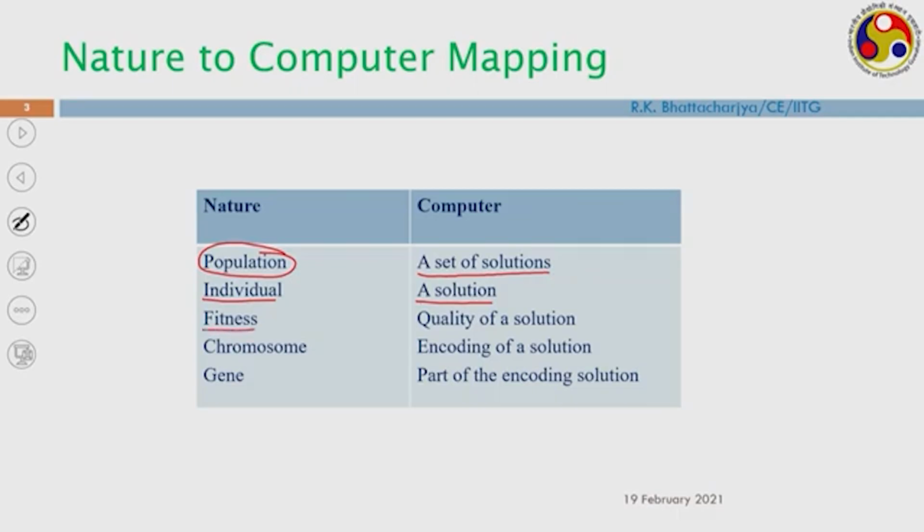Then fitness, it is nothing but the quality of a solution, that is your fitness, and we call here chromosome, and here this is the encoding of a solution. So, in case of binary coded GA, you are converting it to binary bits. And what is gene? We call it gene, and here it is a part of the encoded solution. So, we are using this nomenclature.